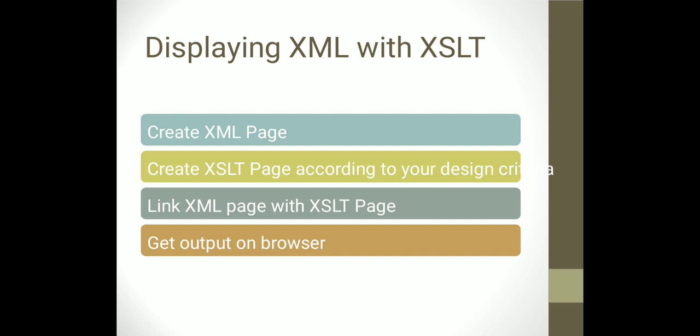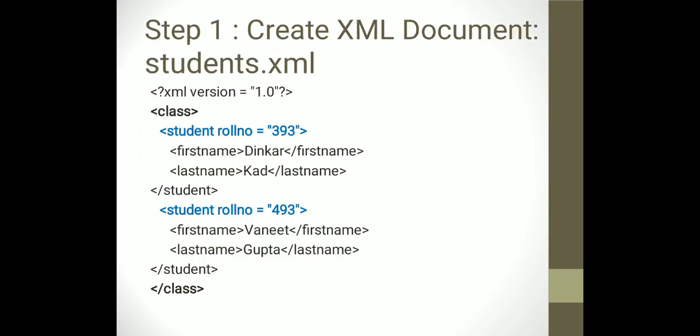For that we need to create an XML page plus an XSLT page according to the design criteria. Then we need to link that XML page with the XSLT page, and view it in a browser. So all these things are for displaying XML with XSLT.